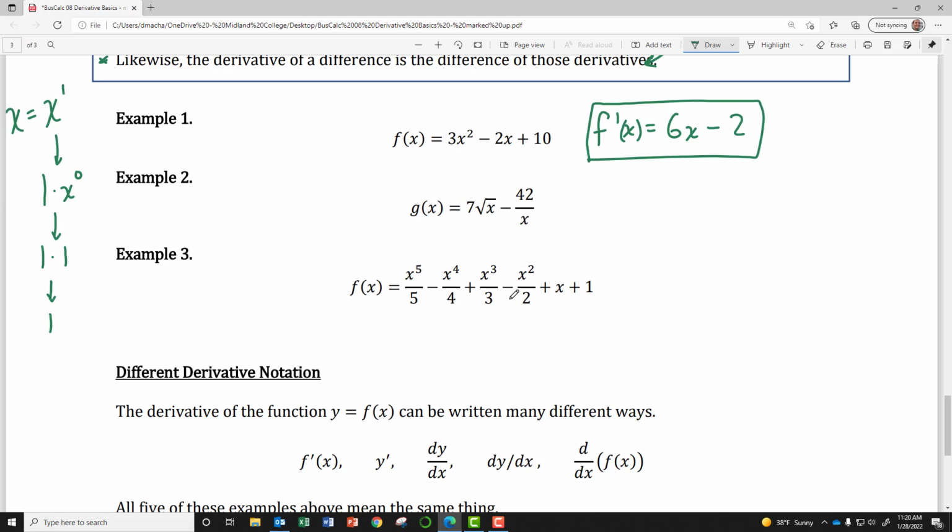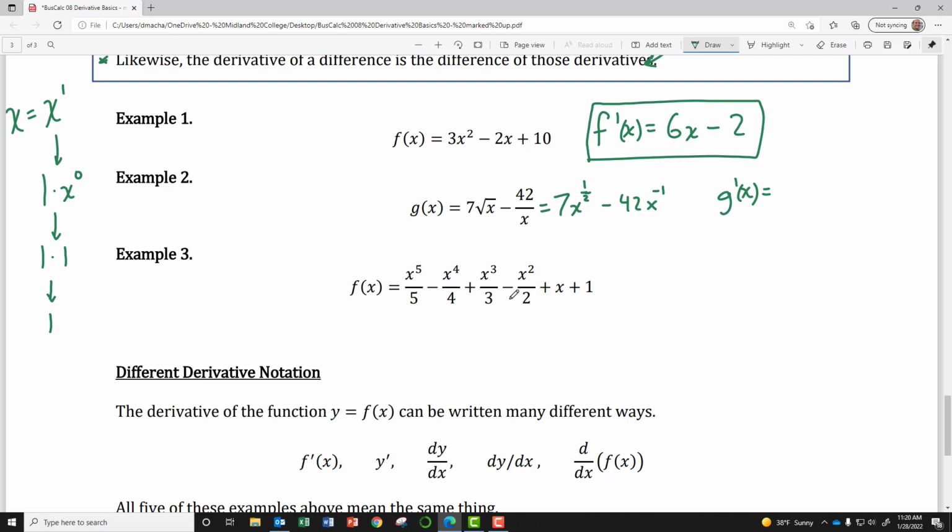For this g of x function, I'm going to rewrite this so I have 7 times x to the 1/2 power minus 42 times x to the negative 1 power. And so now we can write our derivative, g prime of x.